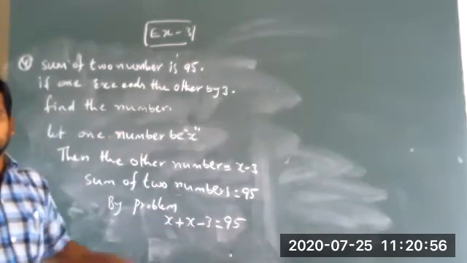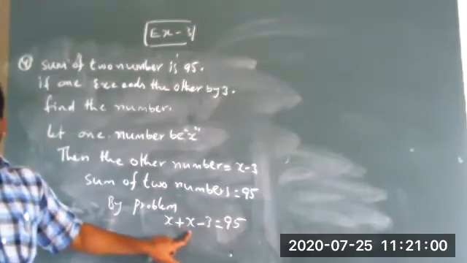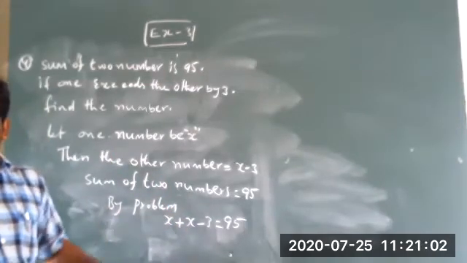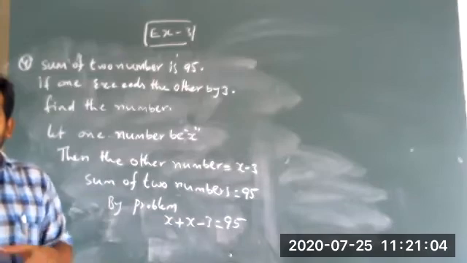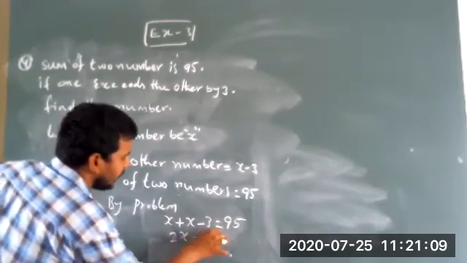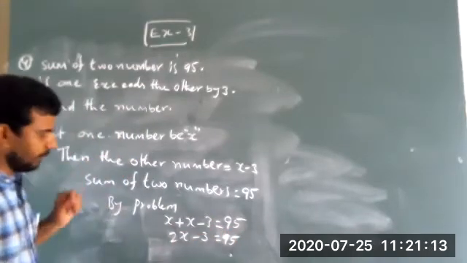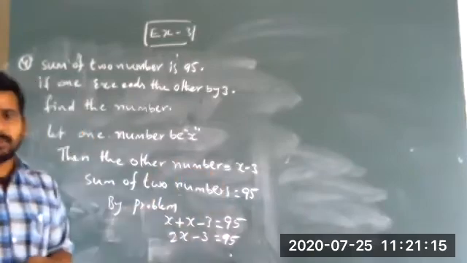Look here, x plus x, how much, children? 2x. We are doing addition. 1x plus 1x, how much? 2x. So 2x minus 3 equal to how much, children? 95. Now this is a simple equation.